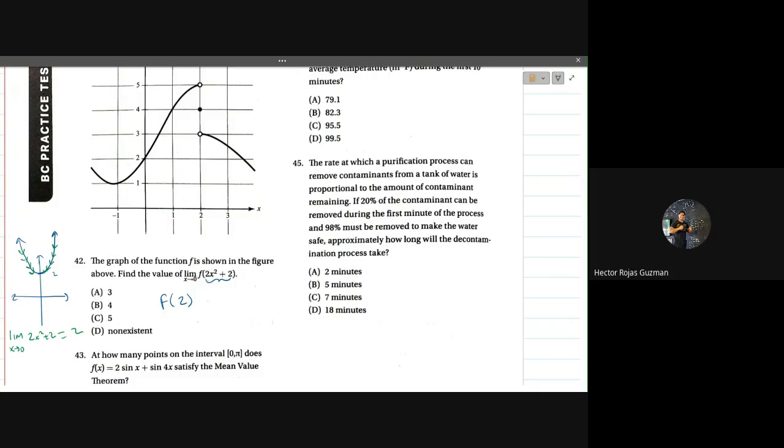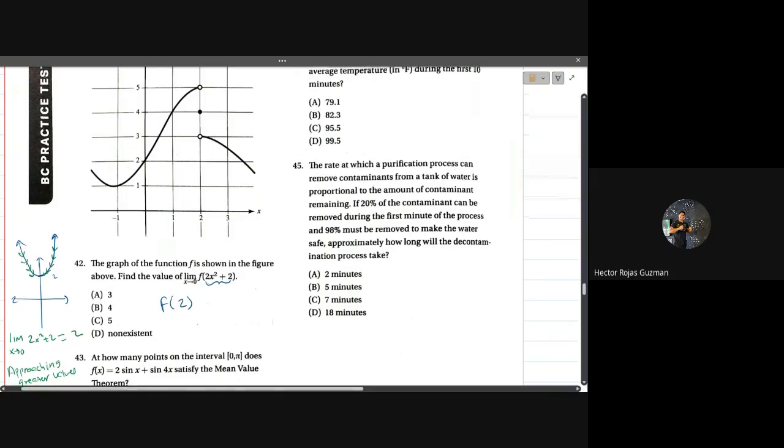But again, we're approaching it from the higher values. We're coming from 3, from 2.5, 2.4, 2.1. We're approaching it from the greater values. So this part is telling me how to approach the limit.